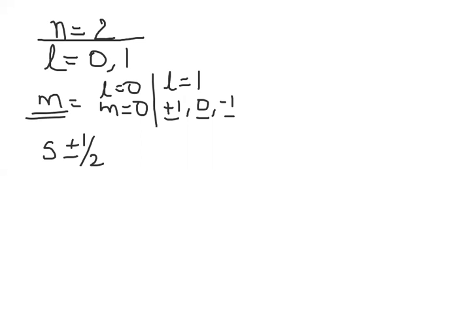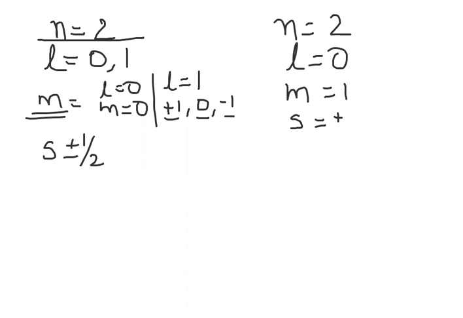See, if I'm going by n is equal to 2, l is equal to 0, and I write m is equal to 1, this is not the correct way of writing. S will always be correct, whether +½ or -½, no worries. But this is not correct. If l is equal to 0, m cannot equal 1.